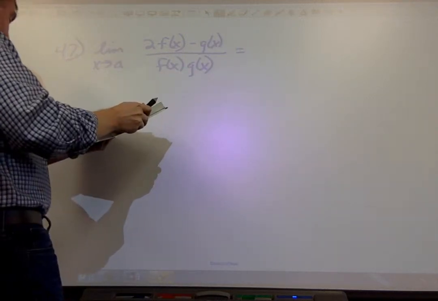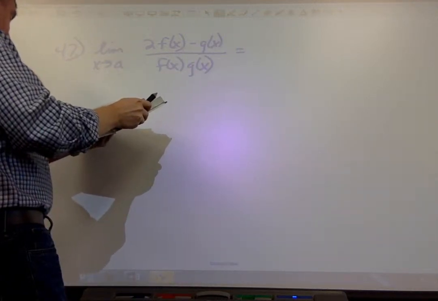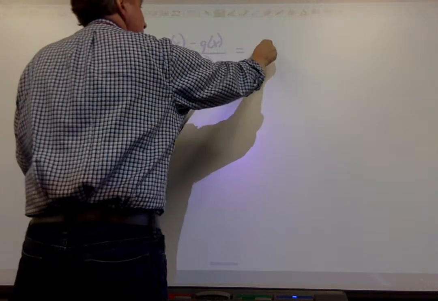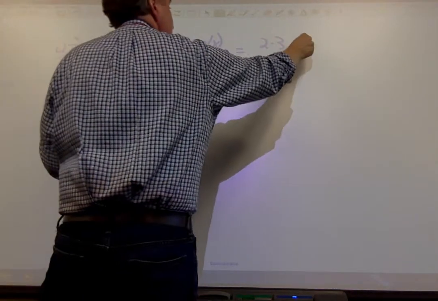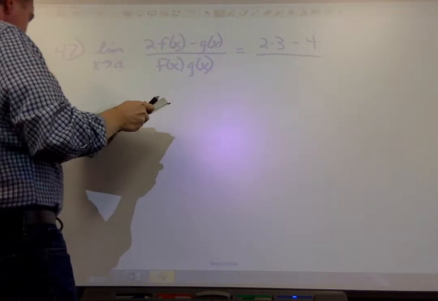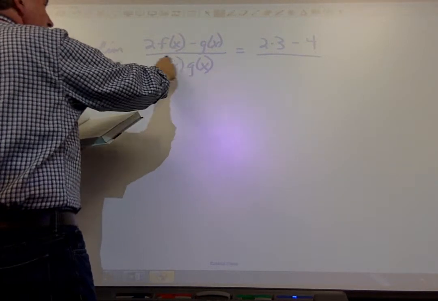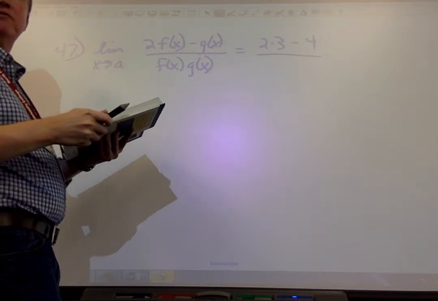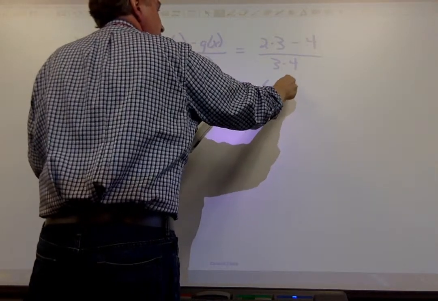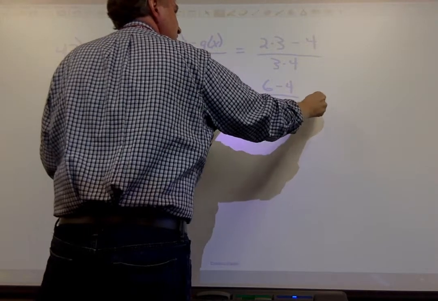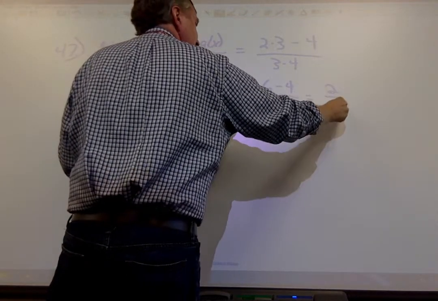Up there, that would be 2 times 3 minus 4. And downstairs, the limit of that product would just be the product of the limits. So is that 6 minus 4 over 12? 2 twelfths, is that 1/6?